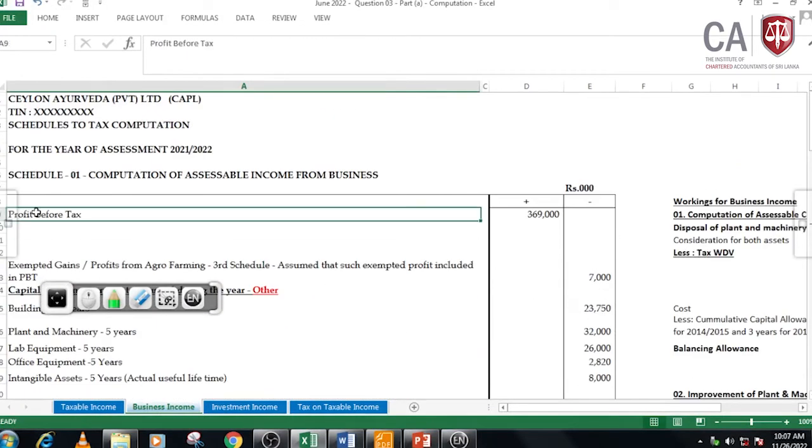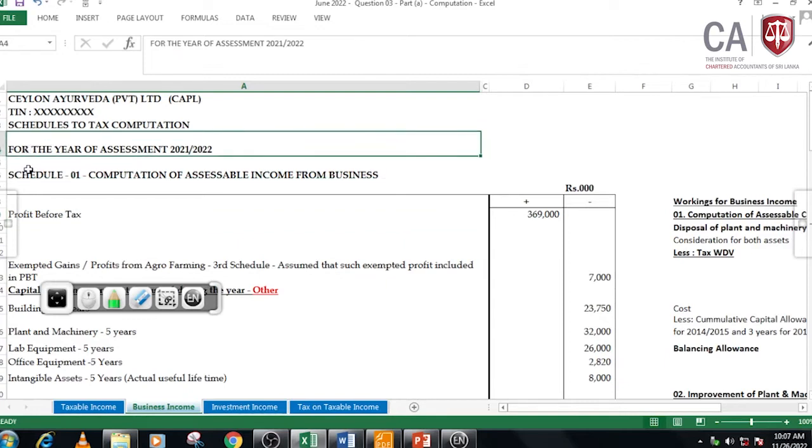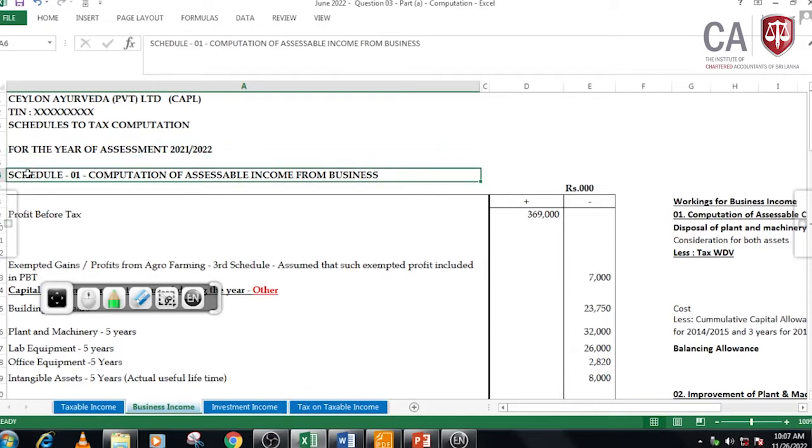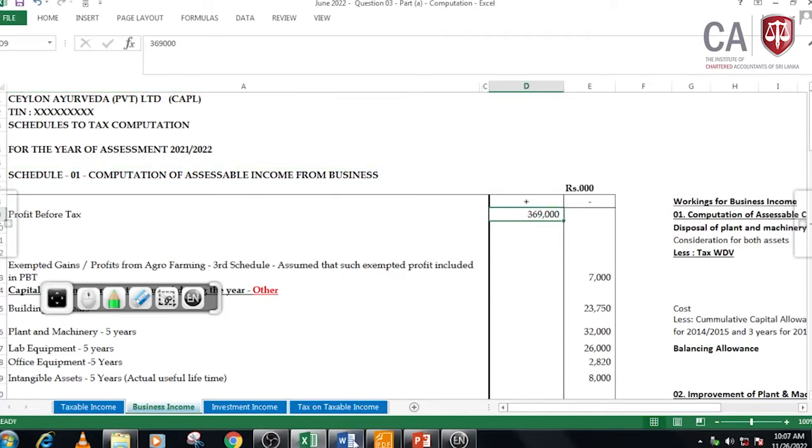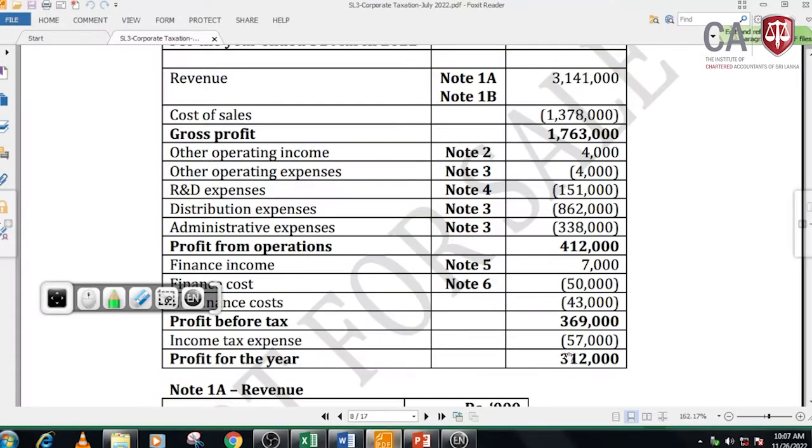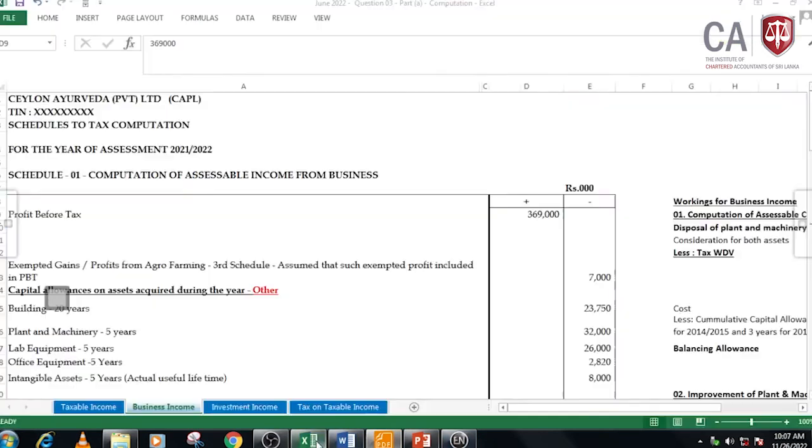I have started from the profit before tax. This is the Ceylon Ayurveda Private Limited CAPL and schedules to tax computation for the year of assessment 21-22. In that schedule 1, computation of assessable income from business, it's 369. This is the figure I have started from.